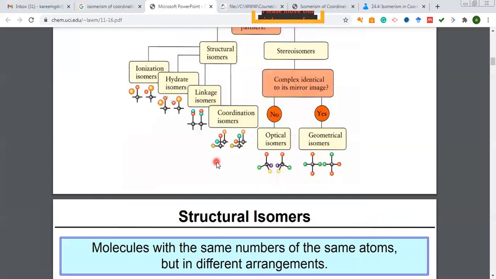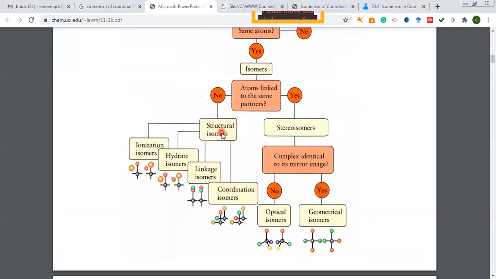Okay, so up to now we have discussed structural isomers, or you can say constitutional isomers. These are four types: ionization, hydrated, linkage, and coordination. Hydrated isomers are only the exchange of a water molecule with a counter ion. So that is known as hydrated.